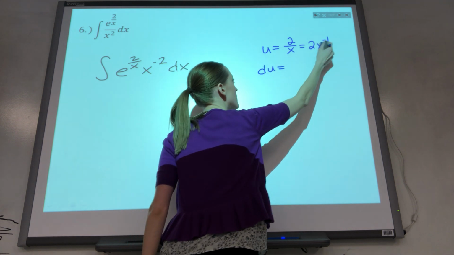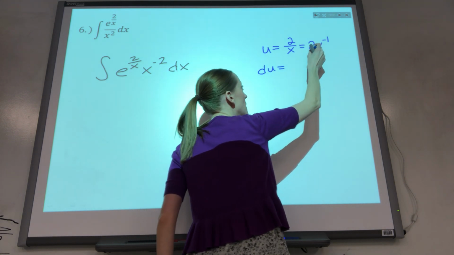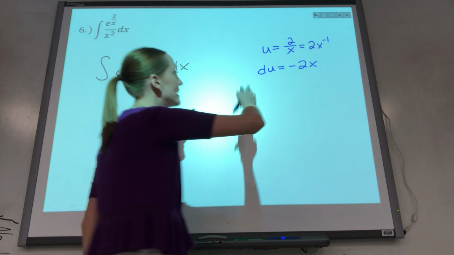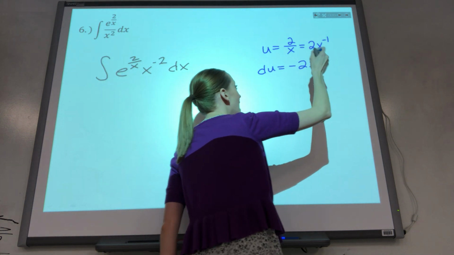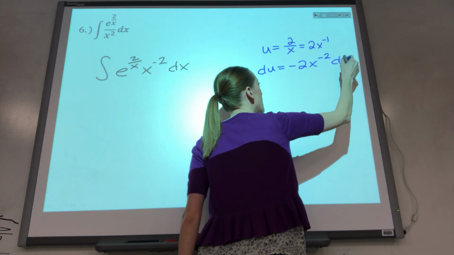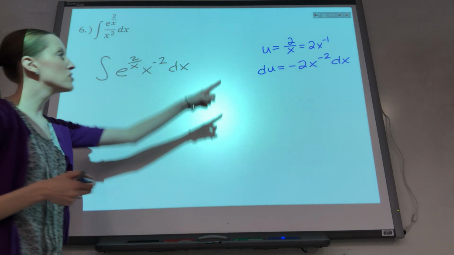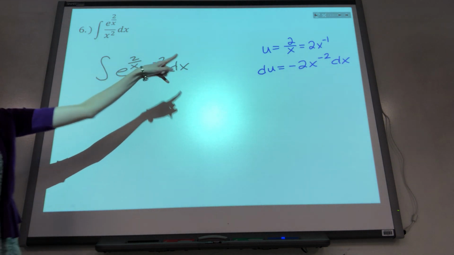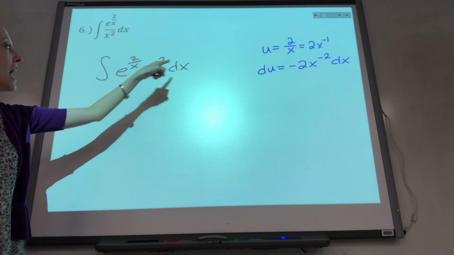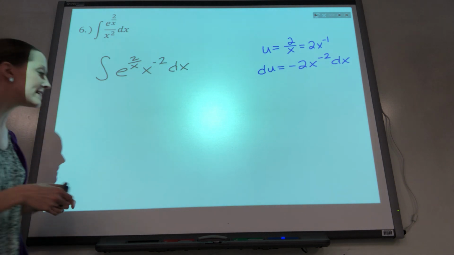When I take the derivative of this, pull the negative 1 out front, now it's negative 2x to the 1 less power. Now, usually I like to fix negative exponents, but because I have a negative exponent over here, I'm going to leave that the way it is.